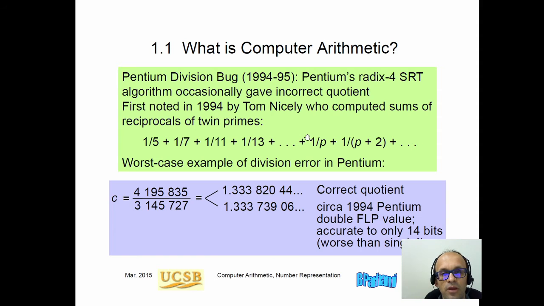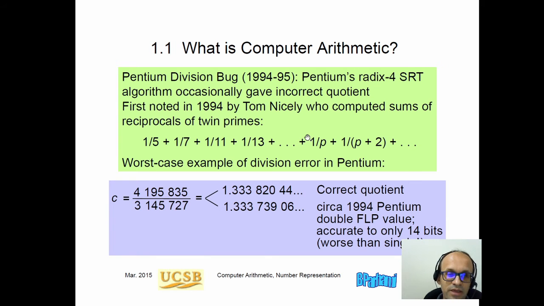First of all, probably most of you have heard about the Pentium division bug. It is a very well known problem, because in 1994 the company Intel started to sell many computers using the Pentium, but there was a bug in the hardware.